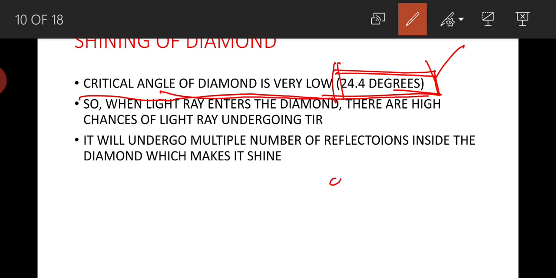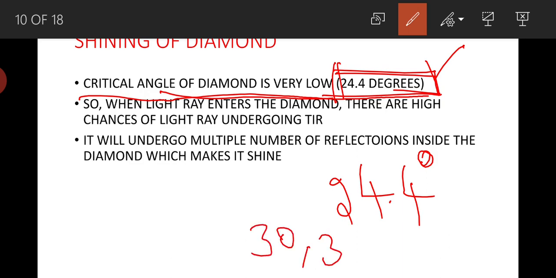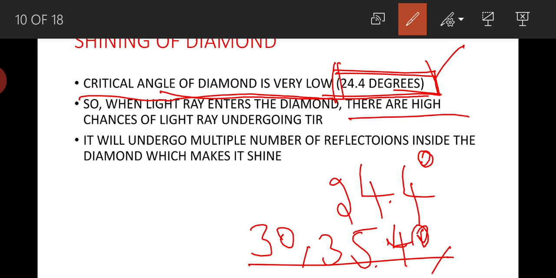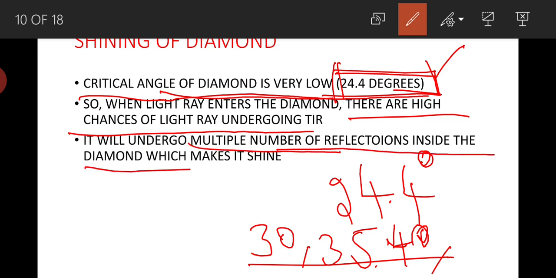So when light enters at 30, 35, 40, 45 degrees, at whatever angle light enters, it will undergo total internal reflection. There are high chances of the light ray undergoing TIR, and it will undergo multiple reflections inside the diamond, which makes it shine.